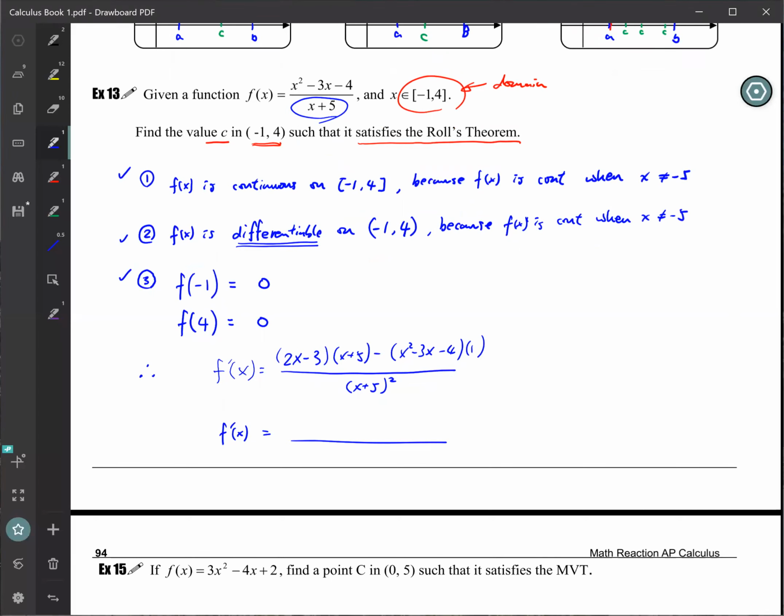Okay, I'll write down the denominator. The denominator should be x plus 5 squared. If you got the numerator, please raise your hand.